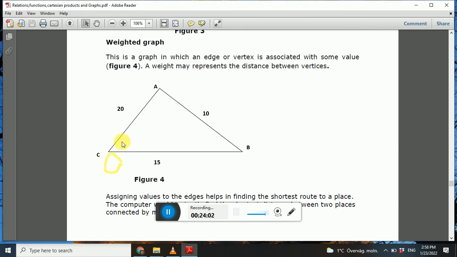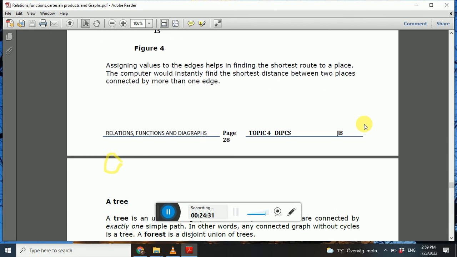For example, here we have vertices A, B, C, and along the edges we have put some values. Those values can be, say, the length. Someone can look at this 10 and say that, okay, 10 could be the distance from A to B. 20 could be the distance from A to C. So if you have a graph and you've associated some values along either the vertices or the edges, then we call it a weighted graph.